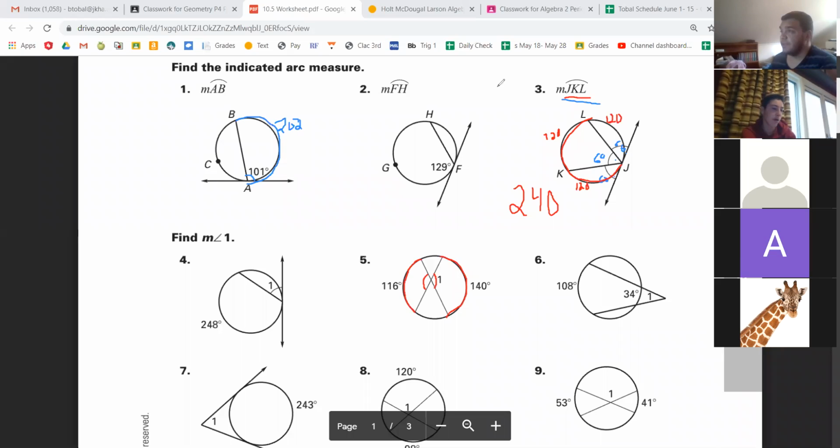It's going to be 116 plus 140, all of that divided by 2. It's 128. And it ends up being 128? Yeah, that looks right. So 128. You could just add the top, 116 plus 140 is 256, and then divide by 2. So your answer here is 128.